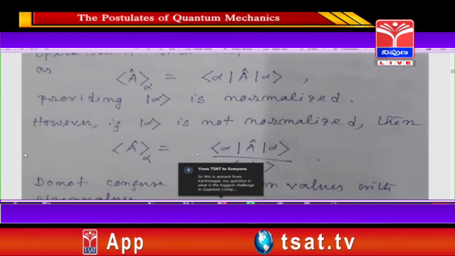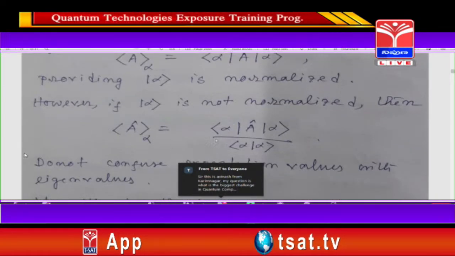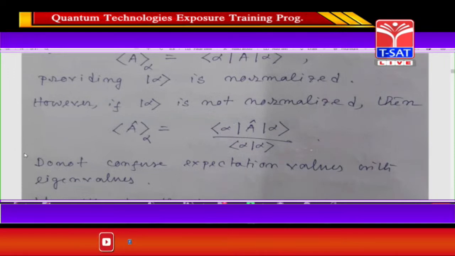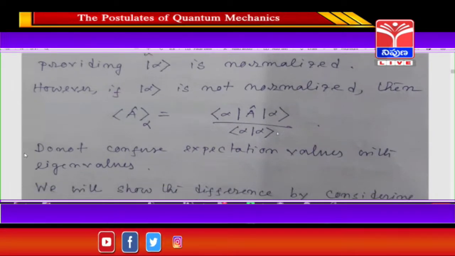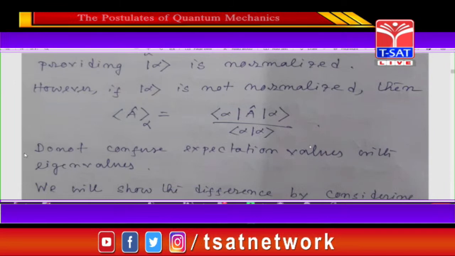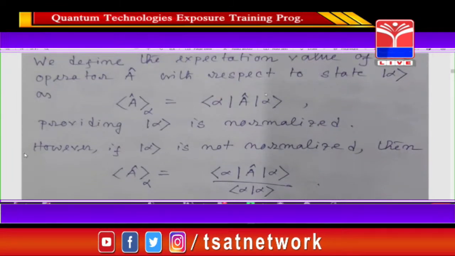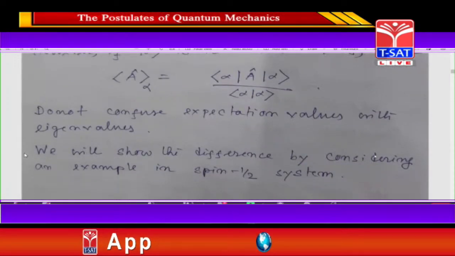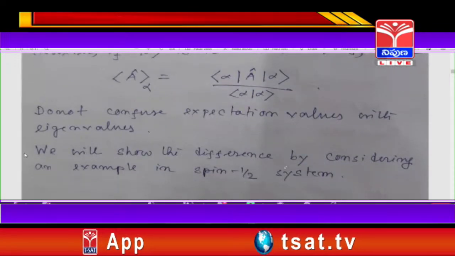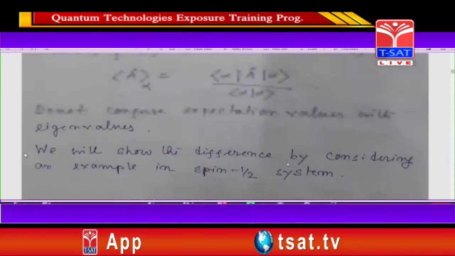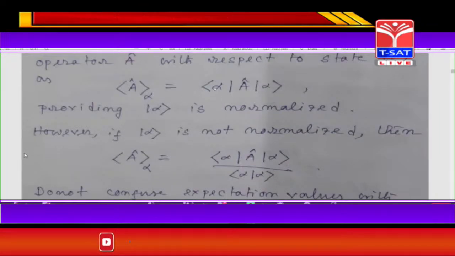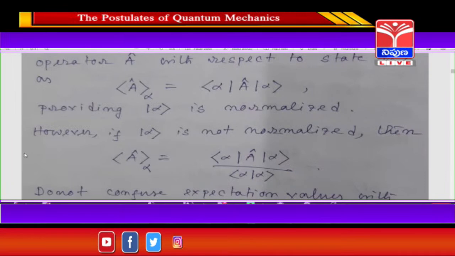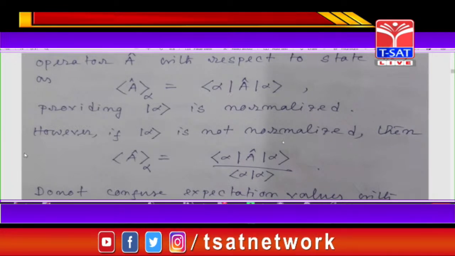If it is not normalized, then generally it is written as alpha A alpha divided by the inner product alpha alpha. If it is normalized, then this inner product alpha alpha is 1, so this reduces to this representation. Expectation value is not eigenvalue. Why? Because it will be the eigenvalue only when alpha is the eigenvector of this operator A. Otherwise, it is not.